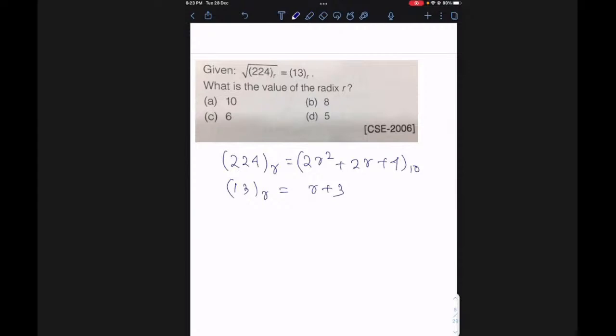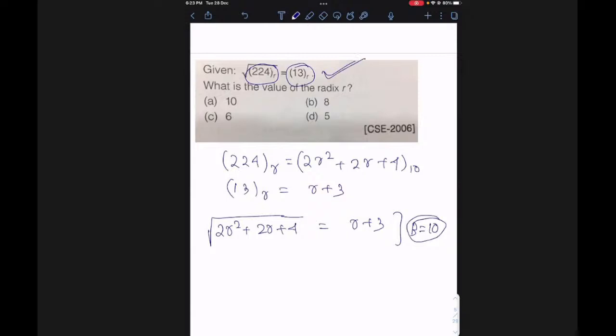So what I can say is, this 224 in base r and this 13, I am writing in base 10 equivalents. So I can say here, square root of 2r square plus 2r plus 4 is equal to r plus 3. This equation is in base 10 now because we have converted the numbers into base 10.